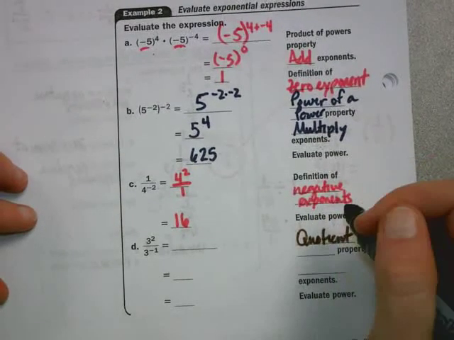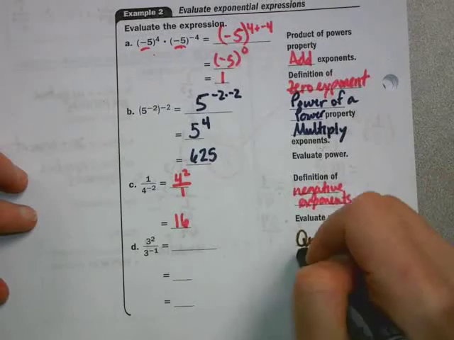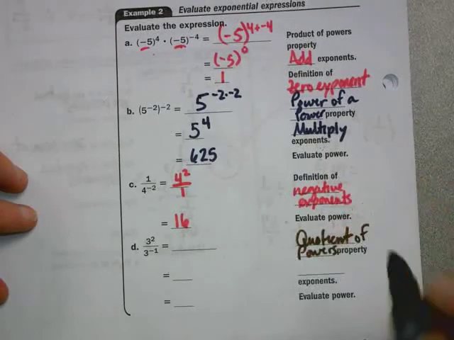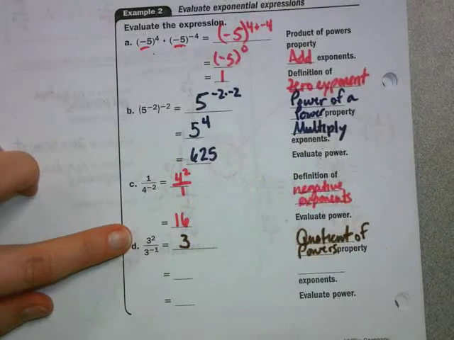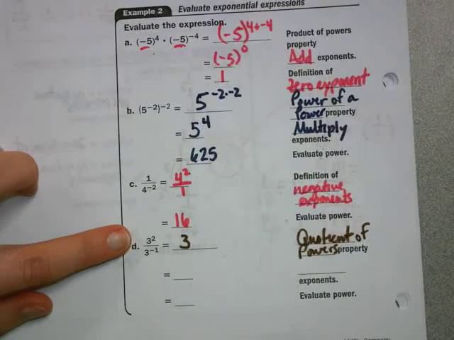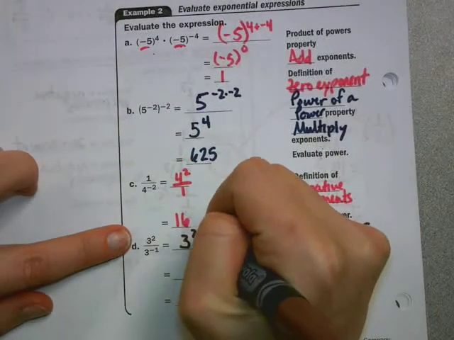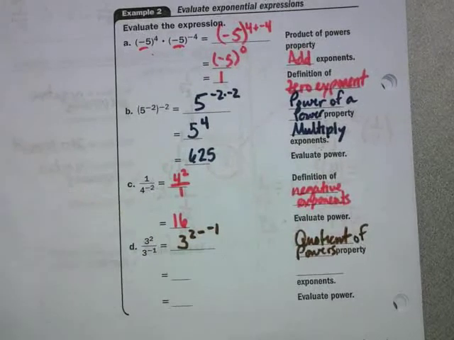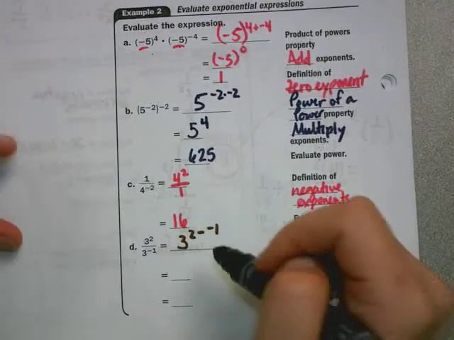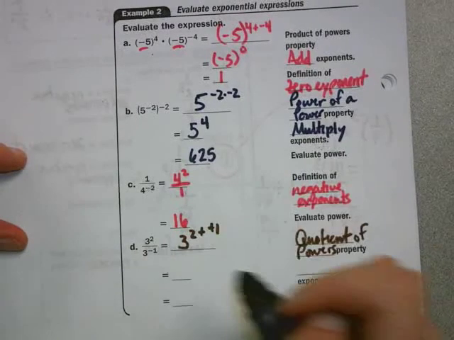Quotient of powers property. So that means numbers that have the same base, I can do what to their exponents? Subtract. So this becomes 2 minus negative 1, because the exponent on bottom was negative 1. And what happens to minus a negative? It becomes plus a positive. So this is actually 3 to the 3rd.